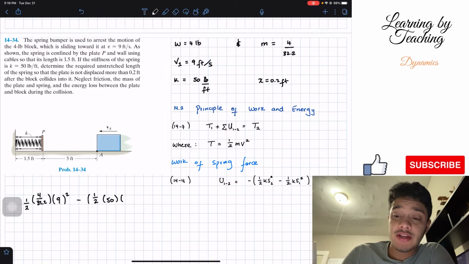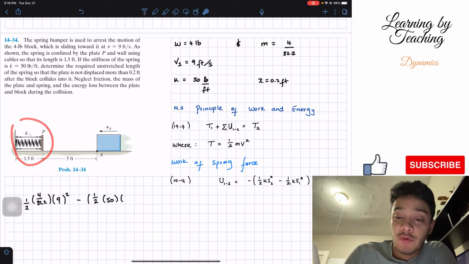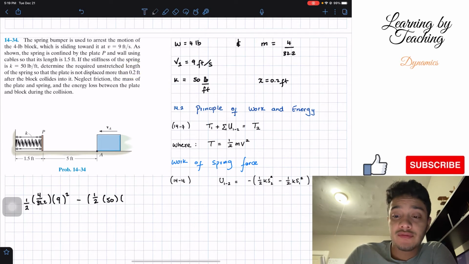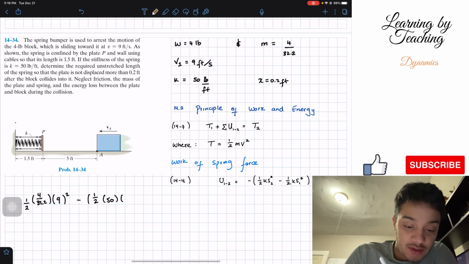Okay, so let's take a look at this. Over here we have our system, and we're being told that the maximum that it can be displaced is 0.2 feet. So from here to here is the maximum that it can be displaced, and this is a total of 1.3 feet, right?